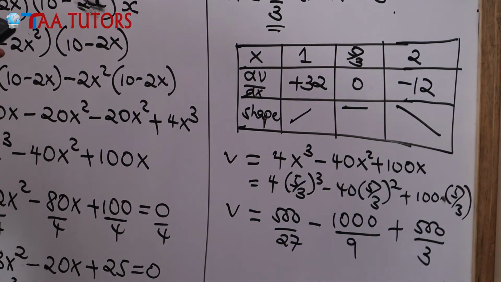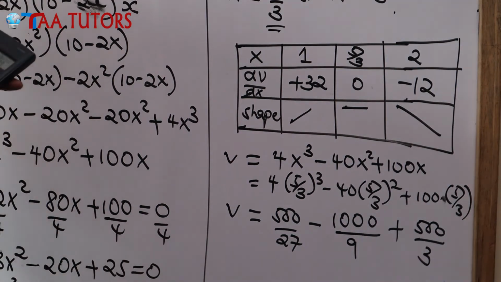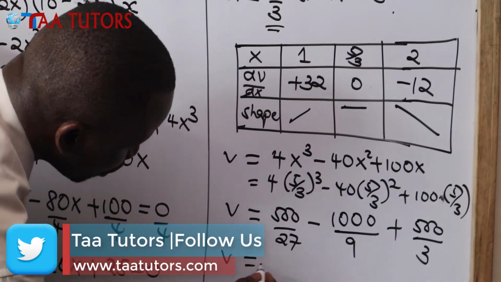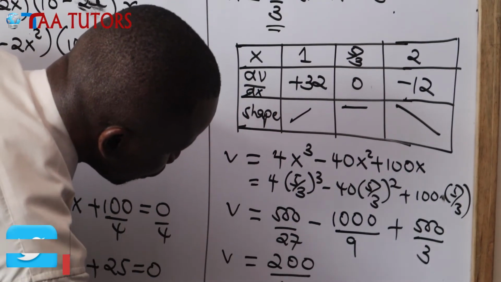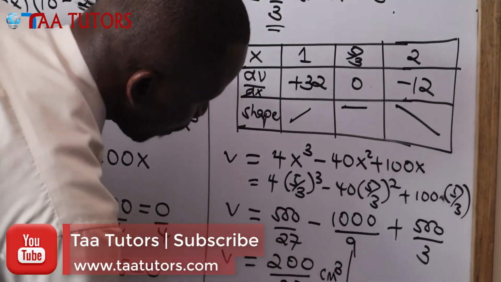So if I add all of them, 500 over 27 minus 1000 divided by 9 plus 500 divided by 3, I get 2000 over 27.